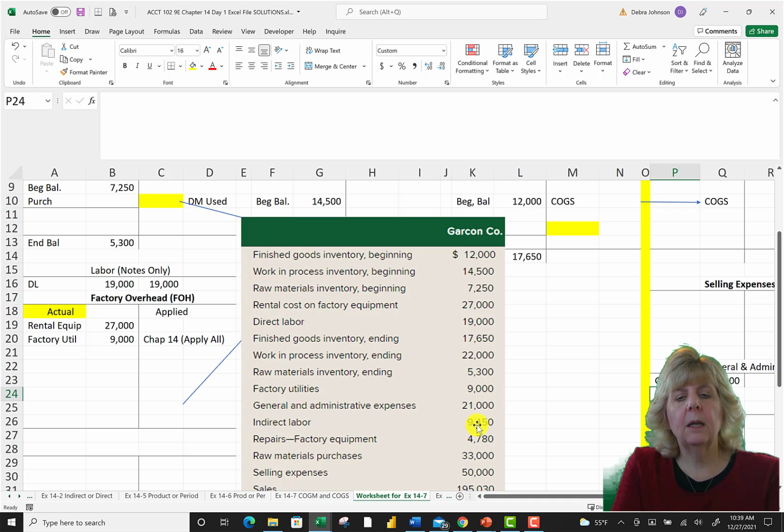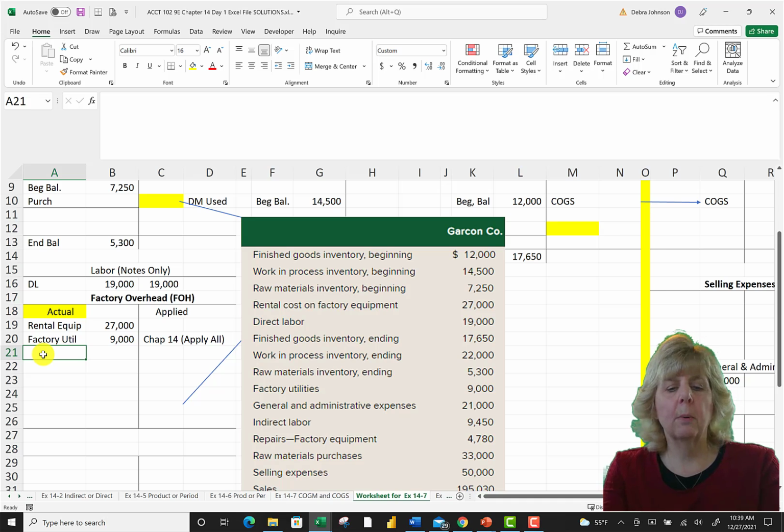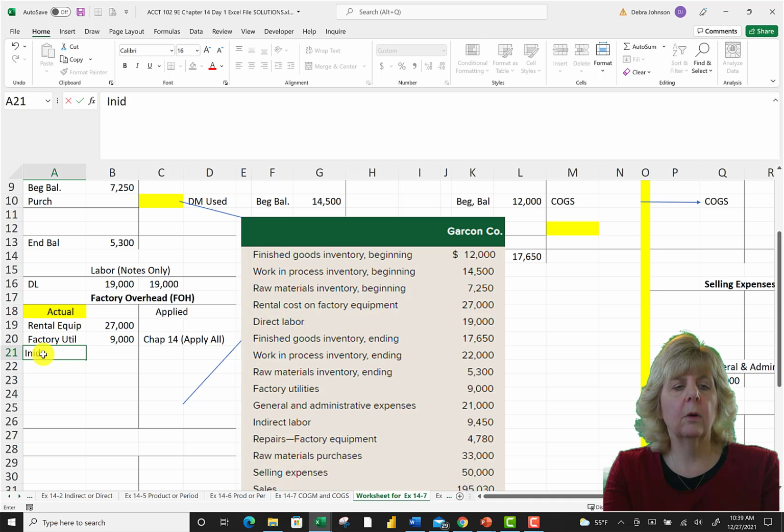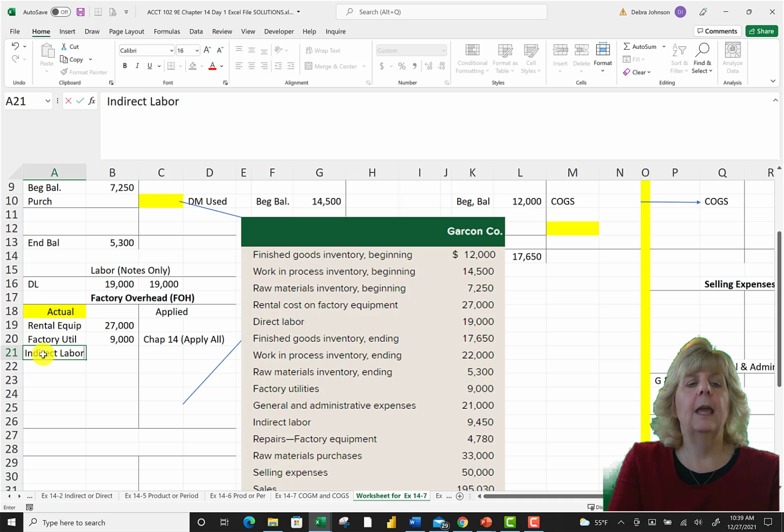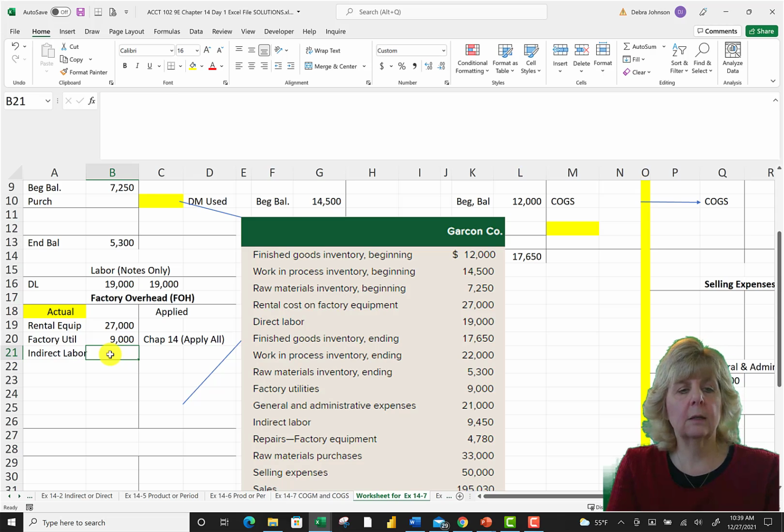They gave me indirect labor. Okay, remember, indirect labor is a factory overhead cost. By definition, any indirect manufacturing costs become part of factory overhead. So I'm going to go ahead and put that indirect labor.